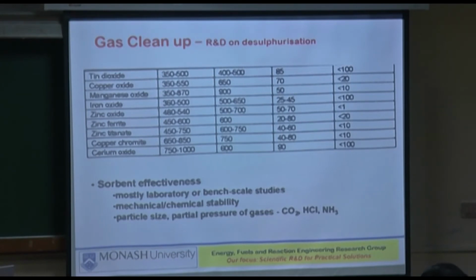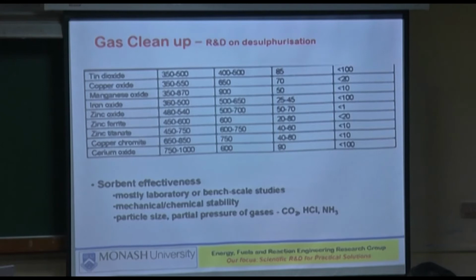So they can have different degrees of efficiency, but the good thing is that there are certain metal oxides which can give you very reasonable efficiency and a very low final level at the end. So you can easily go for, say, the zinc one. Zinc oxide is not all that expensive anymore.